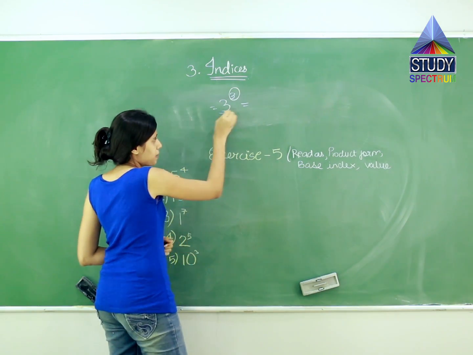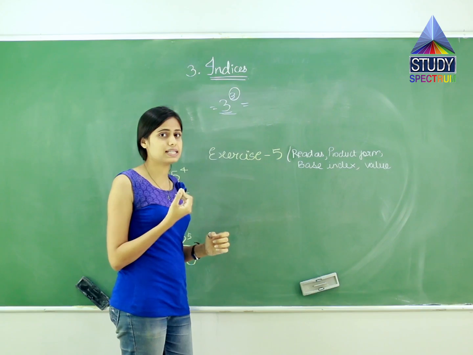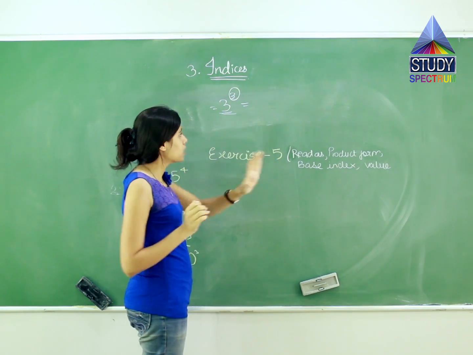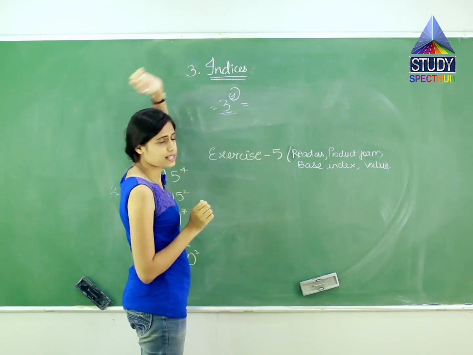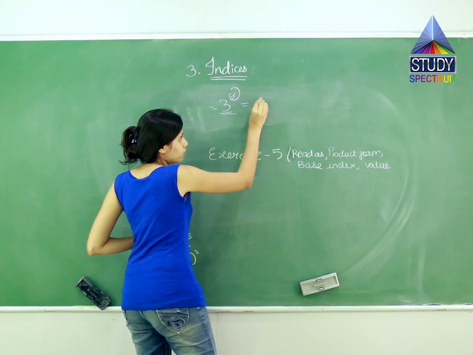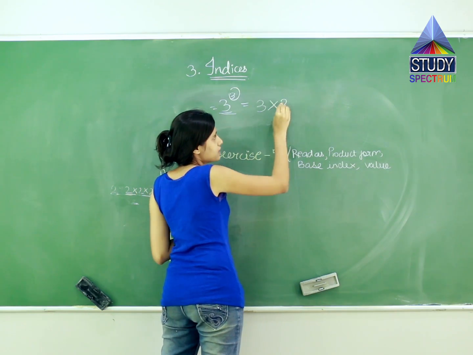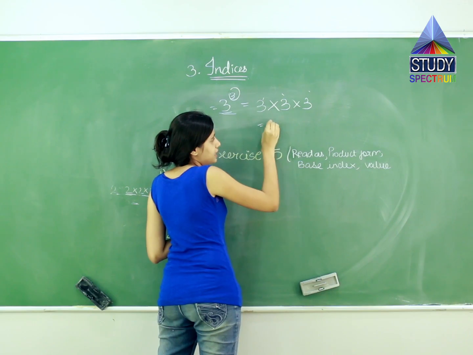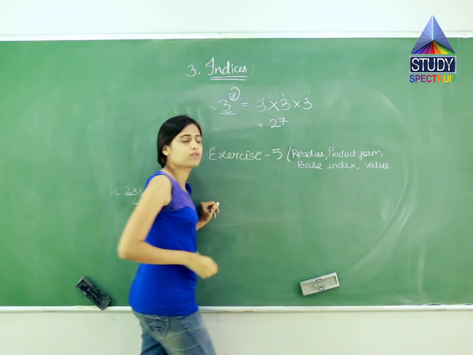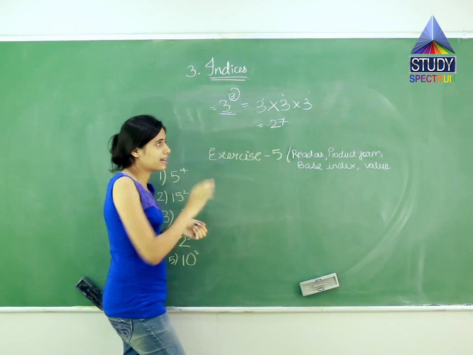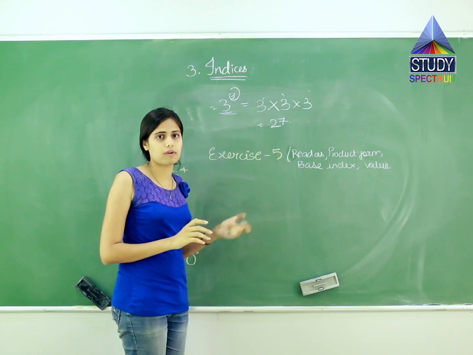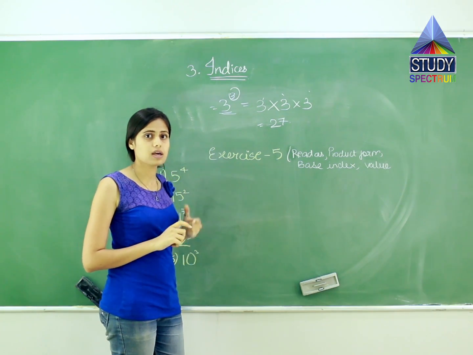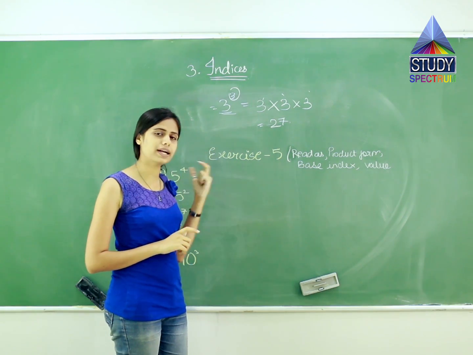So over here there is a base 3, we will multiply 3 times, that is 3 into 3 into 3. 3 into 3 is 9, 9 into 3 is 27. So we have 27 over here. That is the way of solving such type of questions called index form or indices.